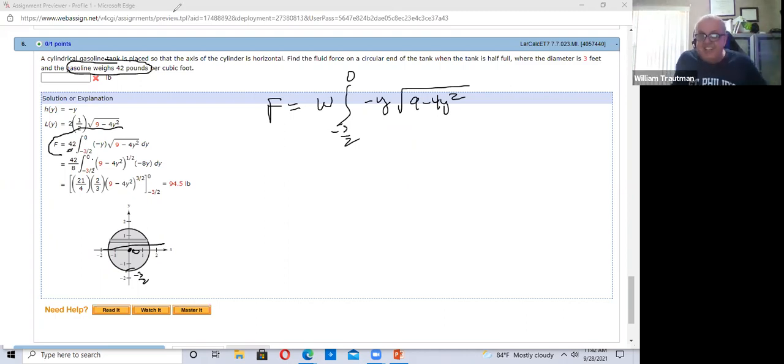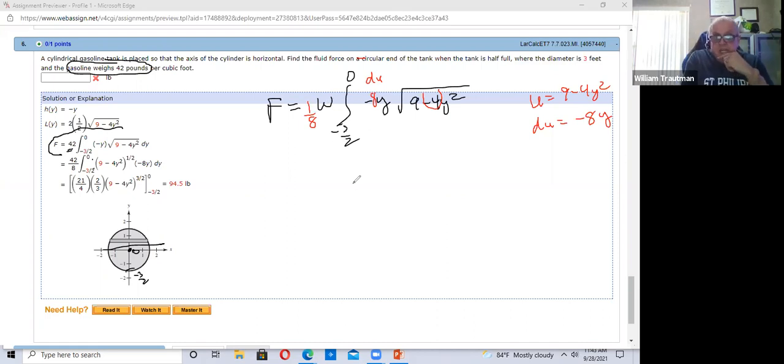To our shock, we have a real integration problem. Over on the side, we actually have an integration we need to remember. u equals 9 minus 4y squared. The derivative of u ends up being -8y. So if this is u, this is du. If I put an 8 right there, I have to put a 1/8 here.